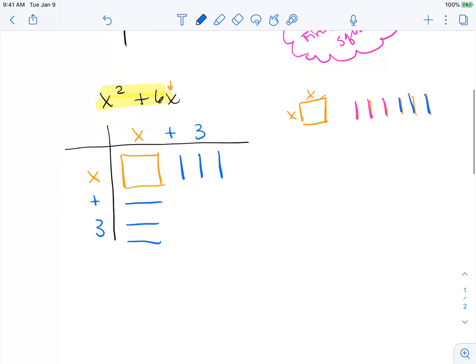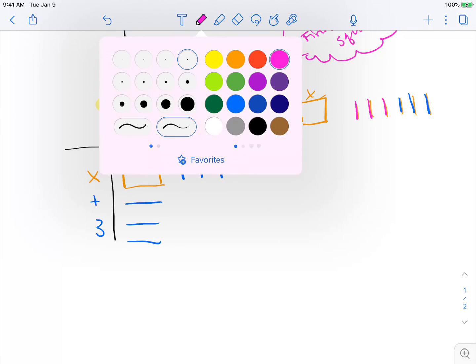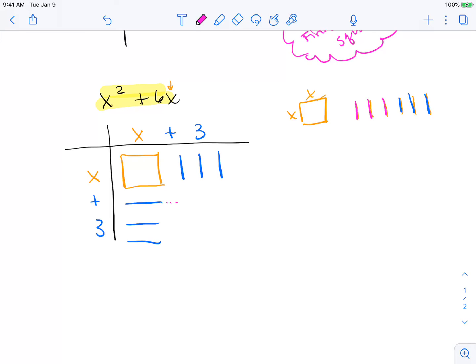And I need little units in the middle here to complete my square. And so when I look at this and I say, well, if I were to complete my square here, I got this place here, my little unit, and this way and that way, and this way and that way, right?